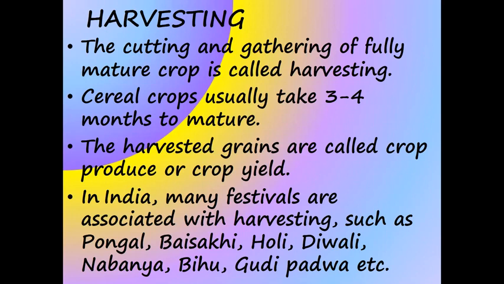The harvested grains are called crop produce or crop yield. Harvesting is marked by celebration all over the world as it is the final step of crop production. In India, many festivals are associated with harvesting, such as Pongal, Baisakhi, Holi, Diwali, Nabanya, Bihu, Gudi Padwa, etc.